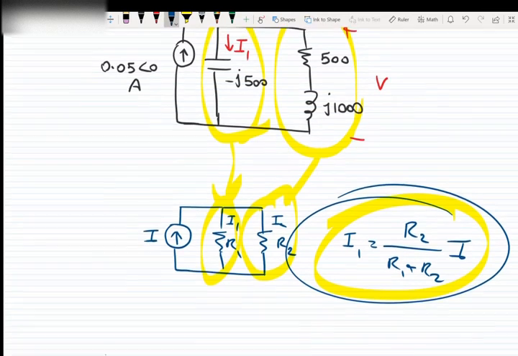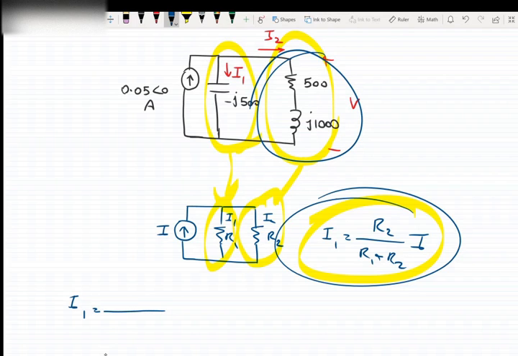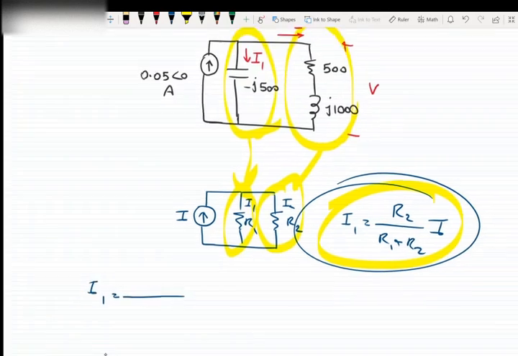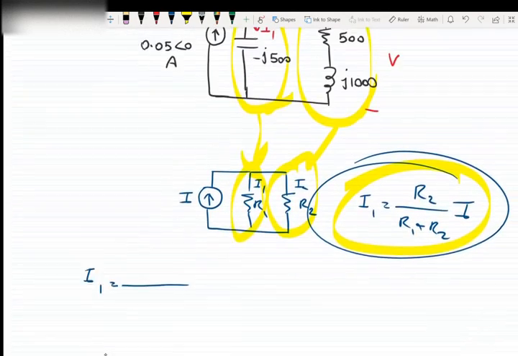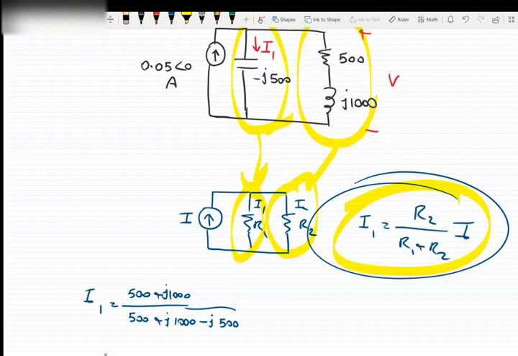Let's see. We can simply say I1 is equal to the other impedance, which is here, 500 plus j1000, over total impedances, 500 plus j1000 minus j500, times the main current.